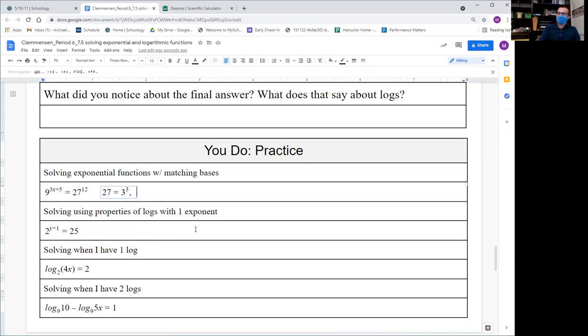Ooh, that is not quite right. So what is 9 equal to? 3 to what power? The second power. So I'm going to rewrite that 9 right over here as 3 to the second power.